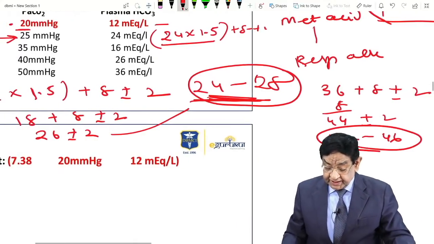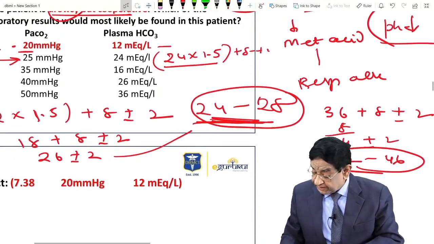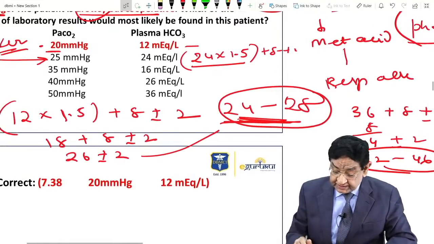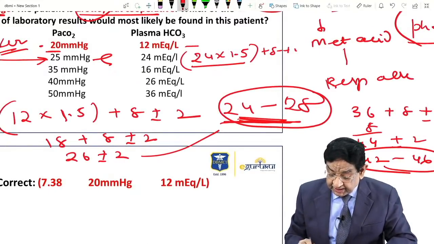Here CO2 should be in the range of 42 to 46. This is not the answer.